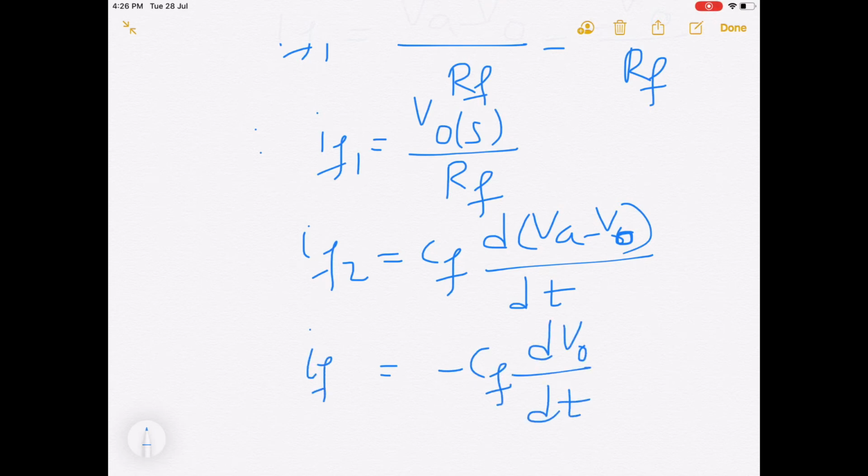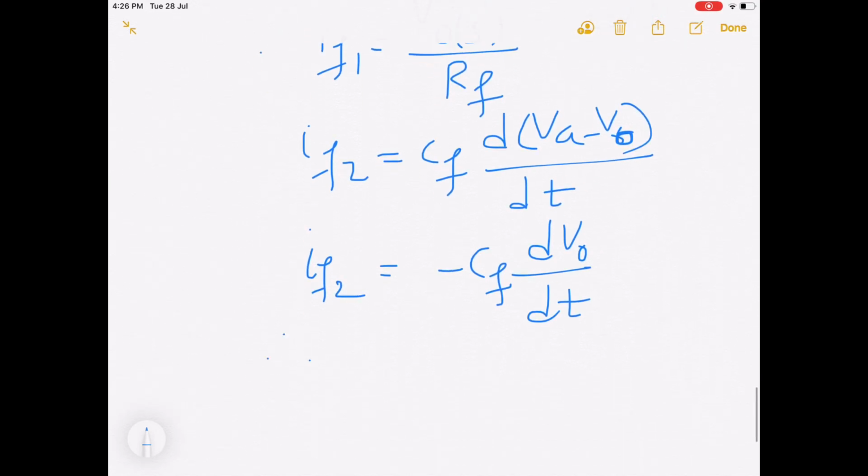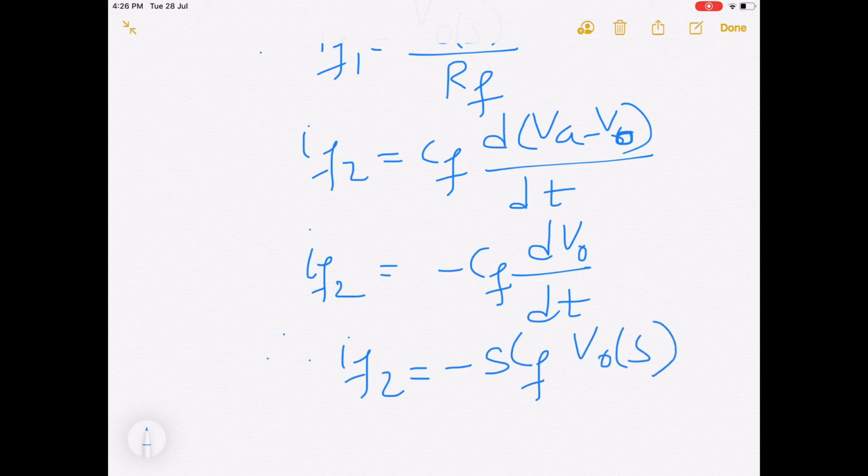This is IF2. Taking the Laplace transform, IF2 is written as minus S CF VO(S).